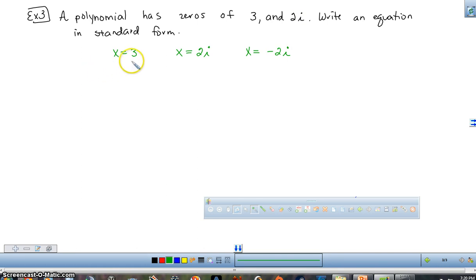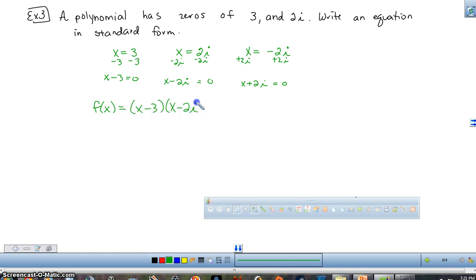So our factors. x minus 3. I'm going to subtract 2i from both sides, and I'm going to add 2i. So our factors are x minus 3, x minus 2i, and x plus 2i.